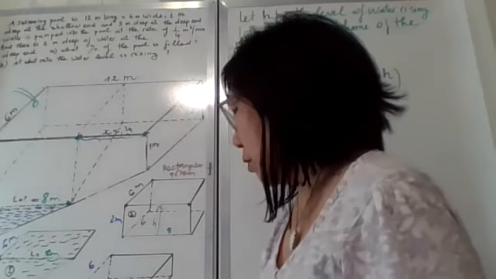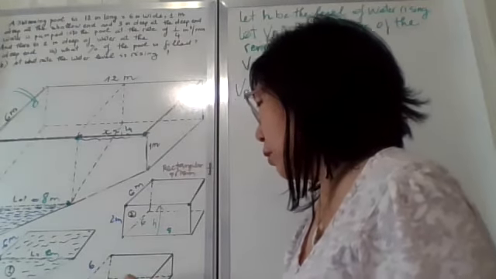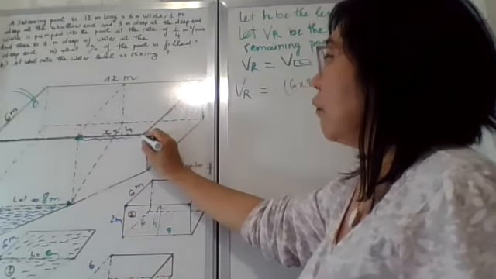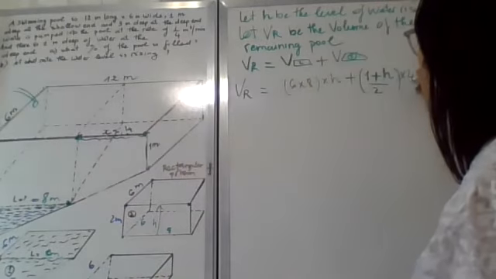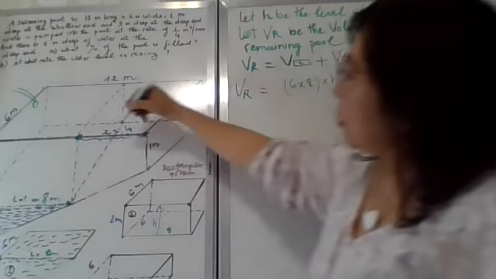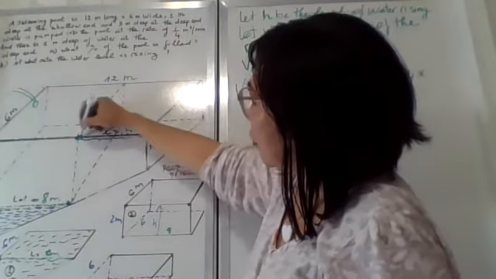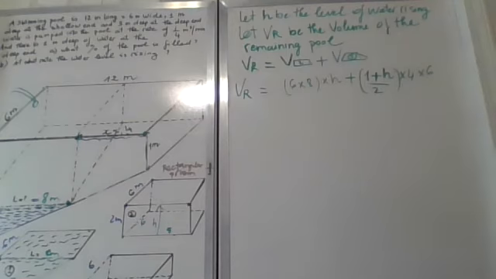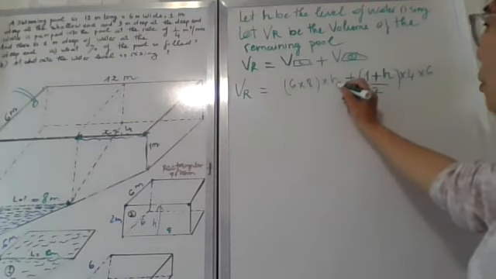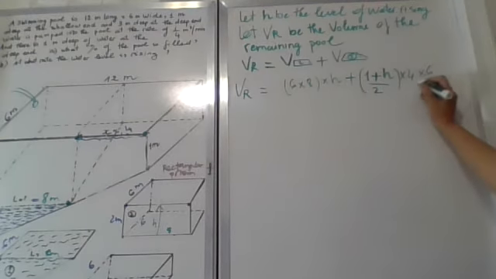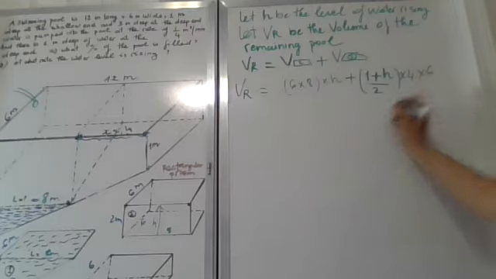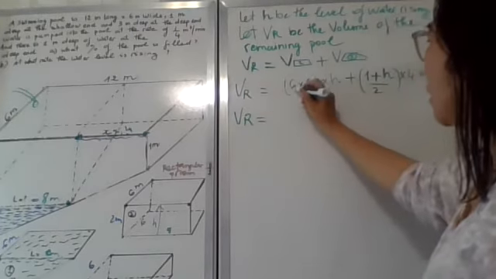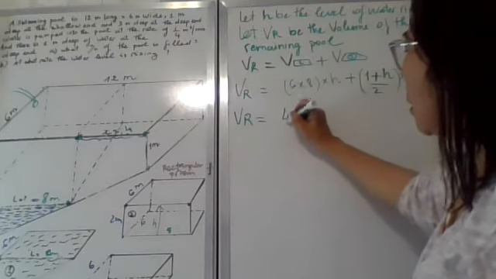So 1 plus H to take the average, divided by 2, times the height of this trapezoid, which is 4, and then times the height of the prism from here to here, which is again 6. So now we have the unknown H, but these other numbers are fixed. Let's calculate: VR will be equal to 6 times 8, which is 48H.